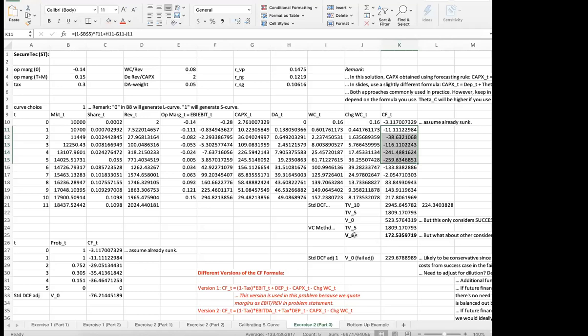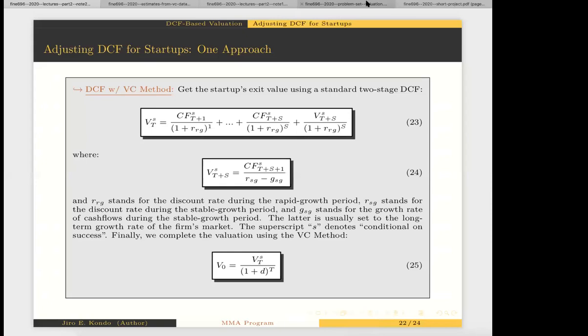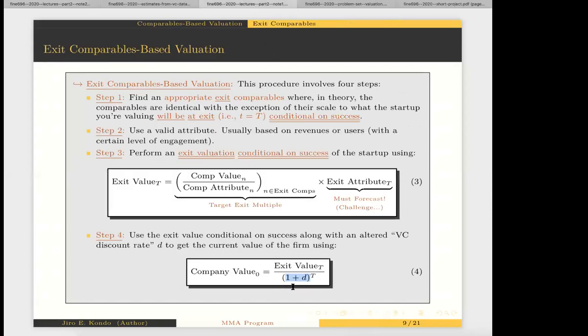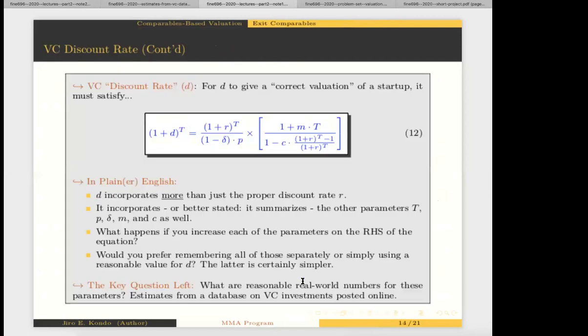Now, the answer to this question is that we're not actually completely ignoring these cash flows. We're just indirectly accounting for the fact that this company has negative cash flows from time 1 to time 5 via our use of the VC discount rate, this value D. Because if you recall, back to our topic, how was this value D obtained in practice? It was using this formula, and this value D picks up anticipated future dilution between now and exit.